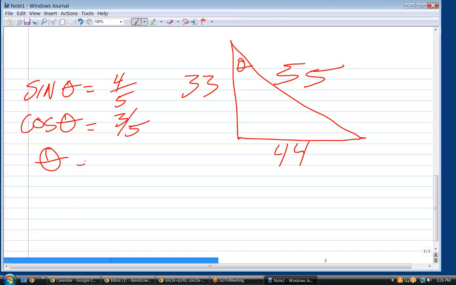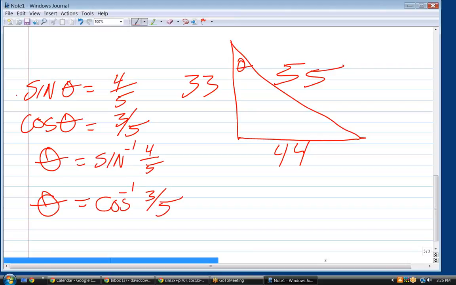And theta? It's going to be the inverse sine of 4 over 5, or the inverse cosine of 3 over 5. In other words, this is by definition. If the sine of theta is equal to 4 over 5, then by definition theta is equal to the inverse sine of 4 over 5.